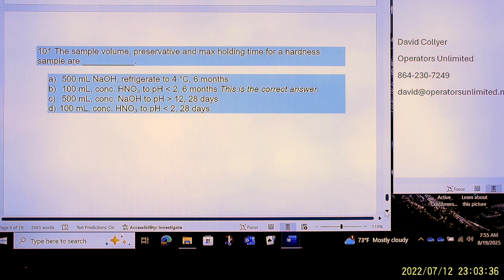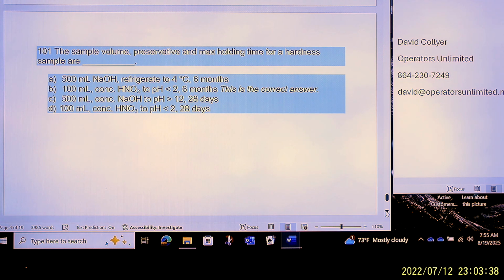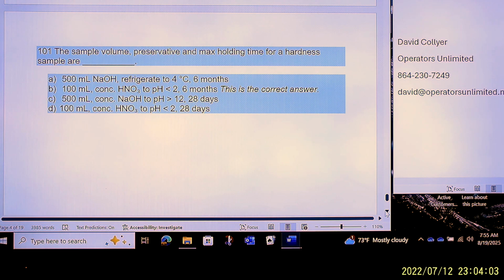101. The sample volume, preservative, and max holding time for a hardness sample are A. 500 milliliters, NaOH, refrigerated to 4 degrees C, and you can hold it for 6 months. B. 100 milliliters, concentrate, HNO3, to a pH of less than 2, and you can hold it for 6 months.